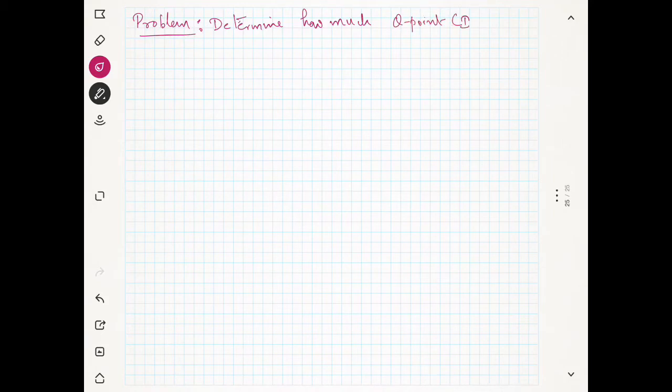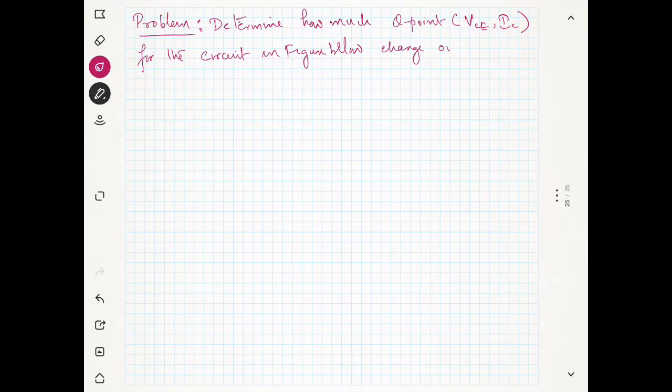The Q point is usually denoted on the x-axis as VCE and on the y-axis as IC, for the circuit in the figure below.